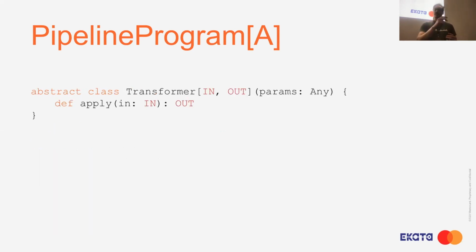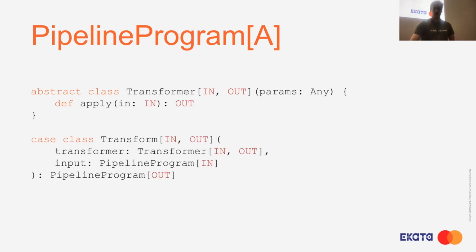You have an In and an Out type parameter, and the function that will go from In to Out. However, this has nothing to do with our pipeline program. The constructor is Transform, which takes two parameters: a transformer, which describes how to go from In to Out, and an input, which is actually a PipelineProgram of In, and the type will be PipelineProgram of Out.